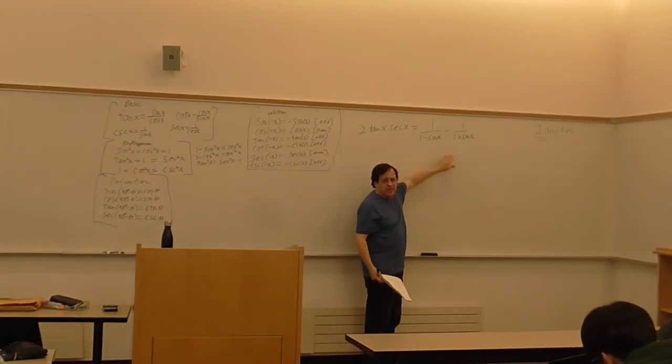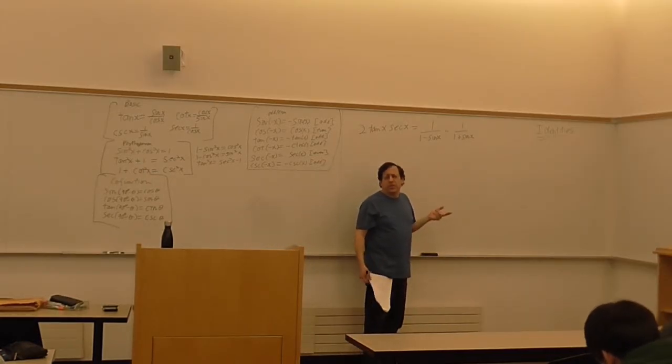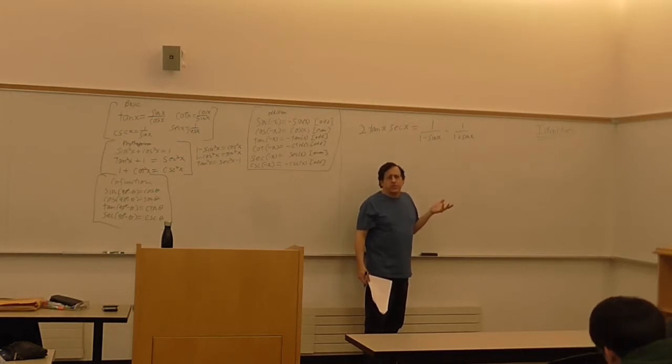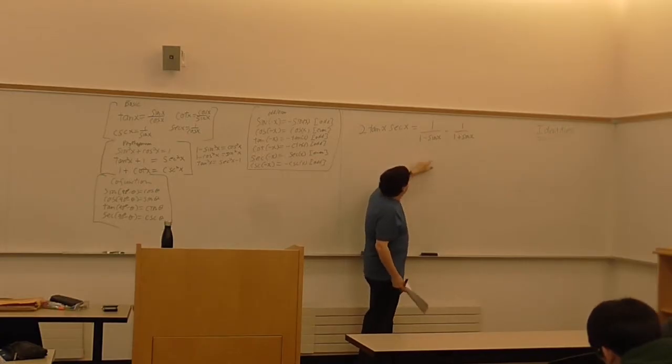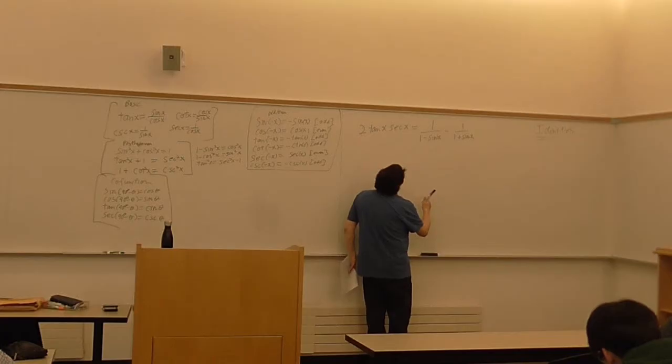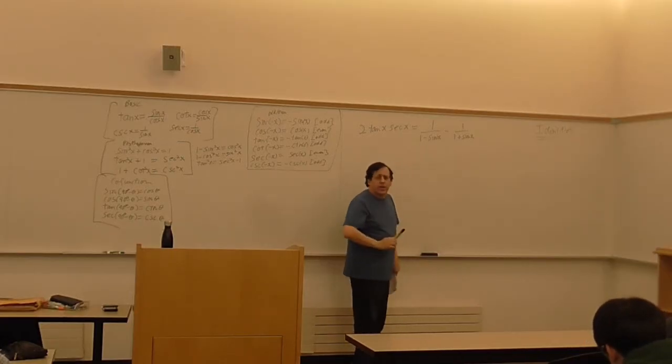But this side, on the other hand, is 2 fractions. And often it's a good idea when you have fractions to put them over a common denominator. So let's try that here. What's my common denominator?